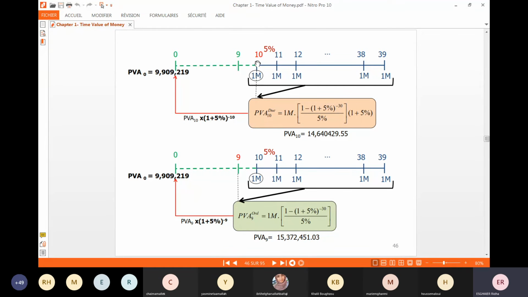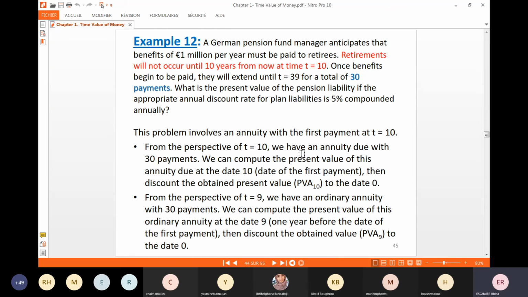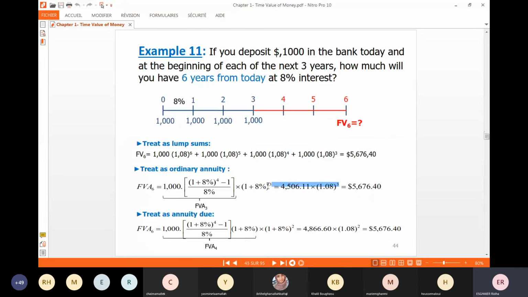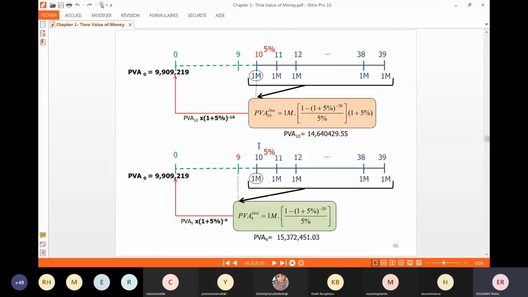Here, we need to use the present value of an annuity due. As I said, at the date of the first A, all these A's are worth the present value of an annuity due, so you have the 1 plus i factor. So I computed their value at the date 10 using the present value of the annuity due formula.